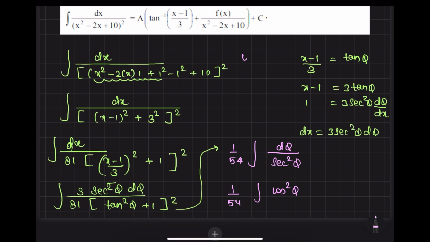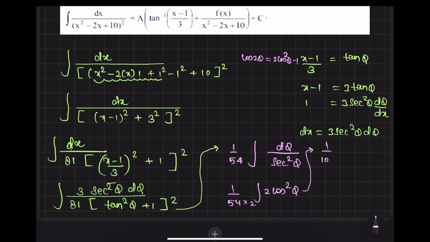Yes. There was one formula, cos 2 theta, means we have to break down the power. So 2 cos² theta minus 1. Now here you need 2 cos² theta. So I will multiply and divide by 2, so that you will have cos² theta, and your question will become what?